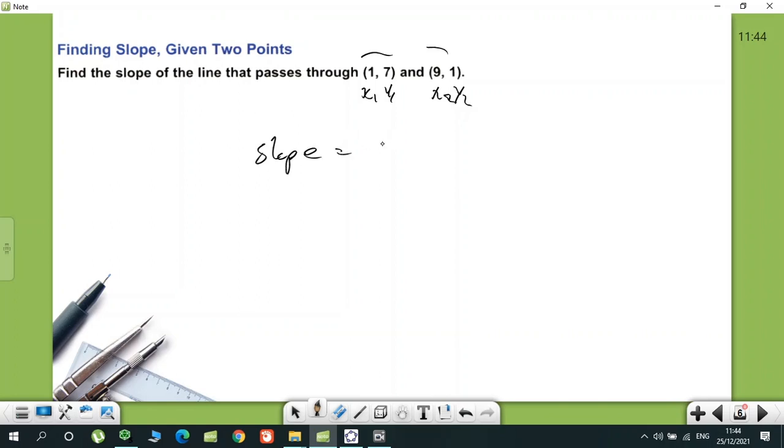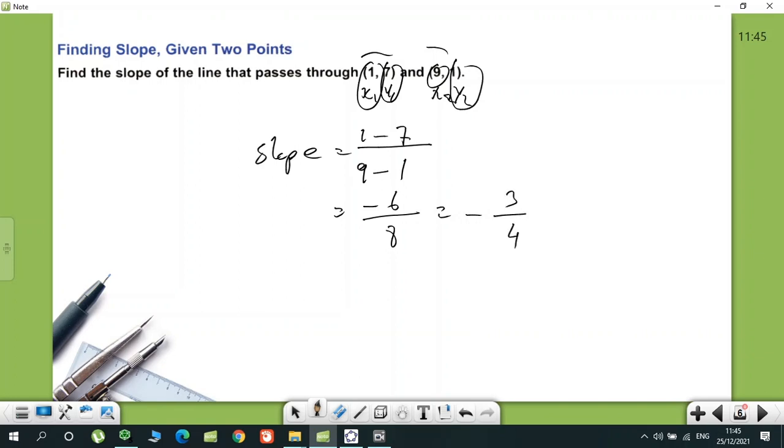Slope equals y2, what is y2? 1 minus, what is y1? 7. 1 minus 7 over, what is x2? 9 minus, what is x1? 1. So 1 minus 7 is minus 6 over 9 minus 1 is 8. That's equal to negative 3 over 4. The slope of the line passed through 1, 7 and 9, 1 is negative 3 over 4.